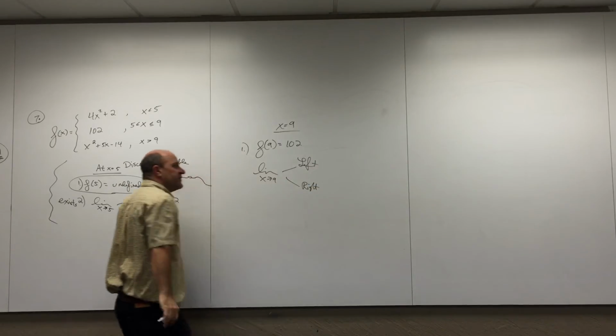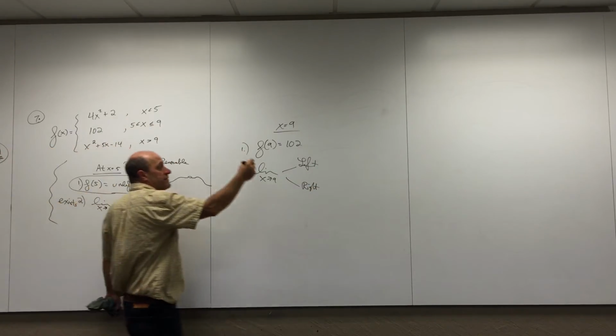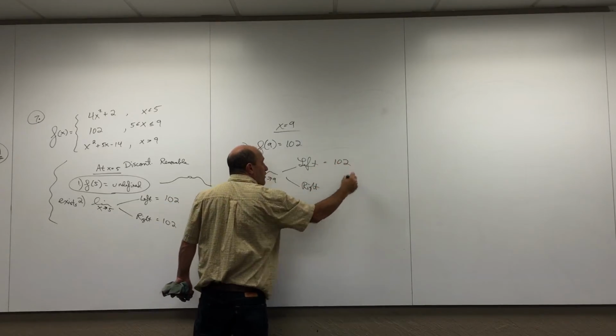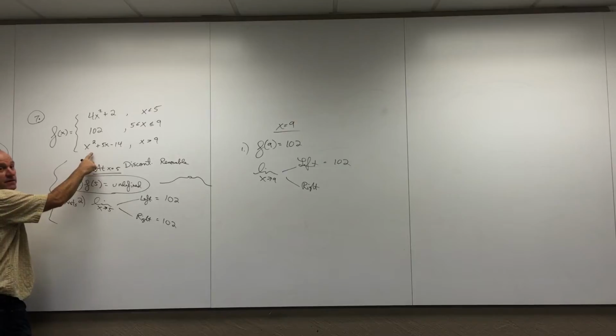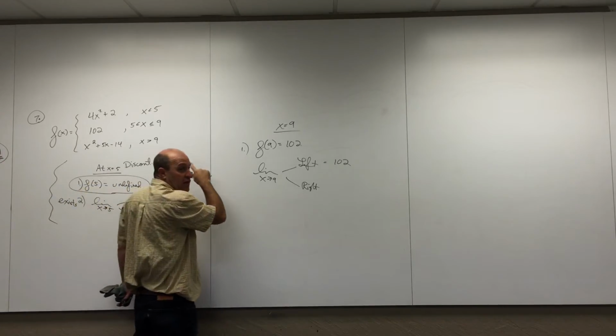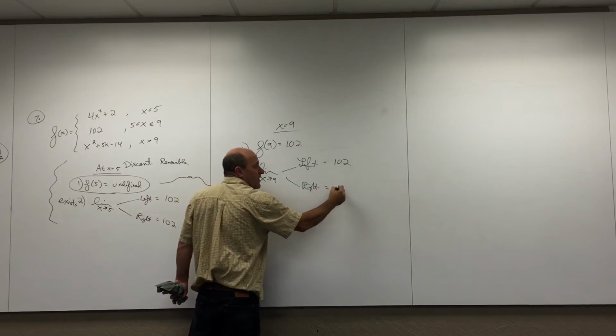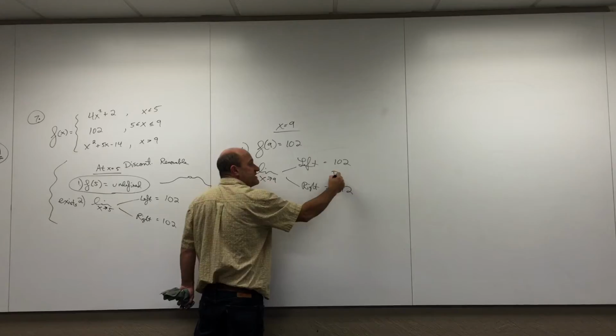On the left of 9, I'm 102. And then when I'm on the right of 9, I would plug a 9 in here. And be careful, but I think the answer is 112. And so it's not 102. So this limit does not exist.